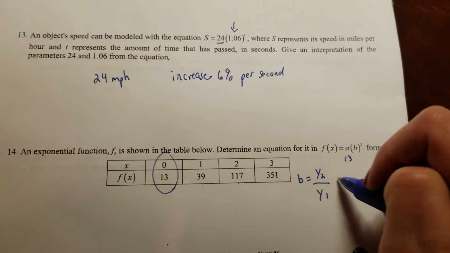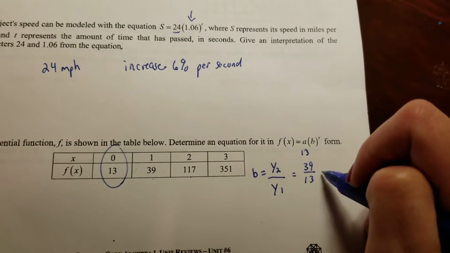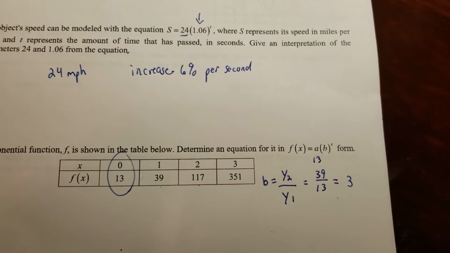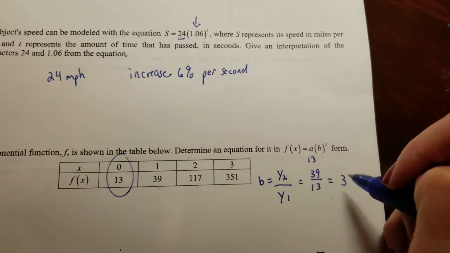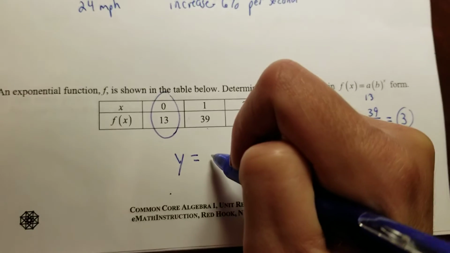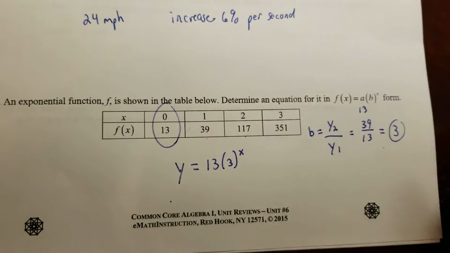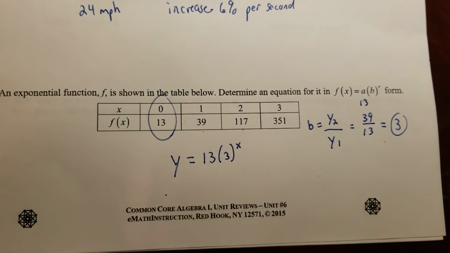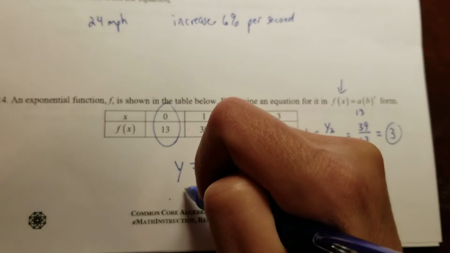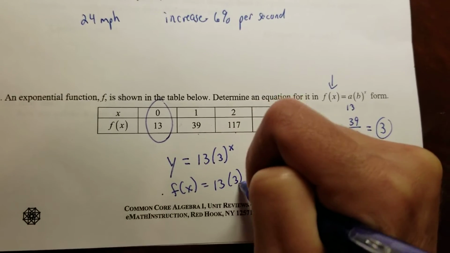Looks like 39 divided by 13 would be the easiest. I'm thinking that will be 3. 13 will go into 39 3 times. So my b would be 3. That's my a. So y equals 13 times 3 to the x power. And I think we should have used f of x. So f of x equals 13 times 3 to the x power.